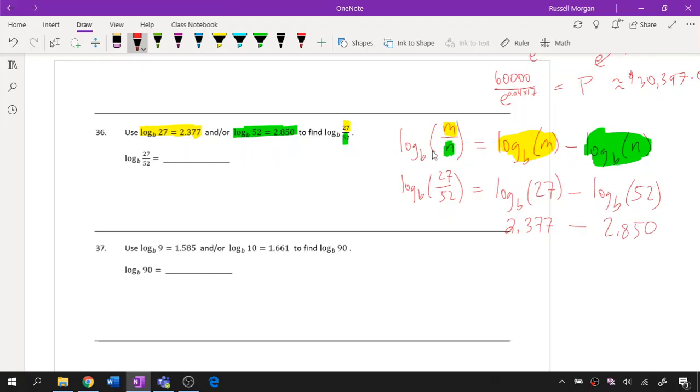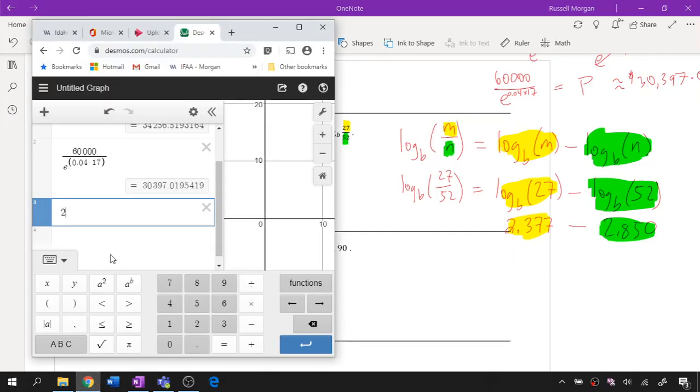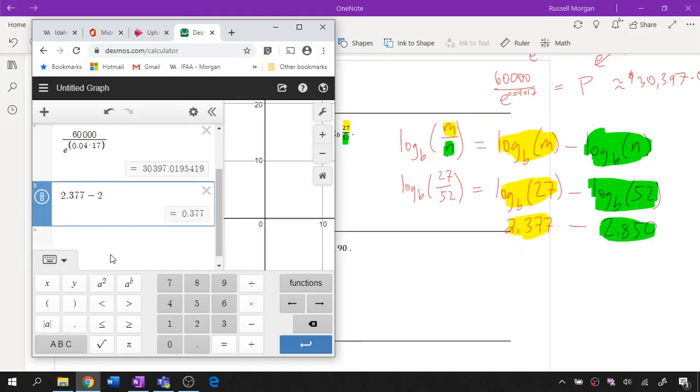So really, if I understand what's going on here, I can just do this value for him and subtract this value for the other logarithm. So really, it's just that decimal subtraction. I could probably just do it in my head, but for ease, let's just go and type it in the calculator. 2.377 minus 2.850. And there we go.